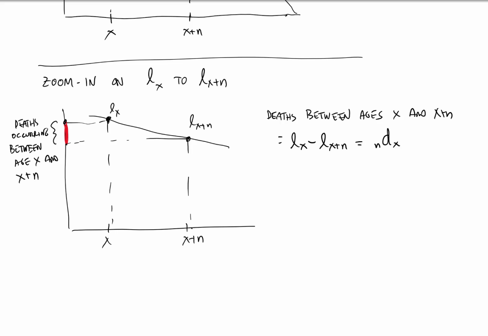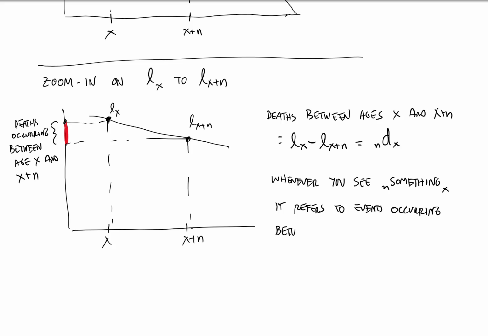And let me talk about this notation at the moment. Whenever you see notation that looks like n something x, it refers to events occurring between ages x and x plus n.